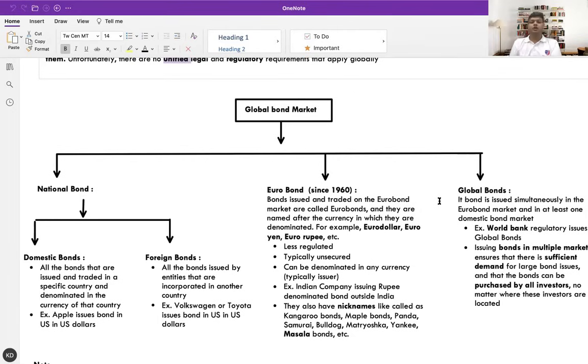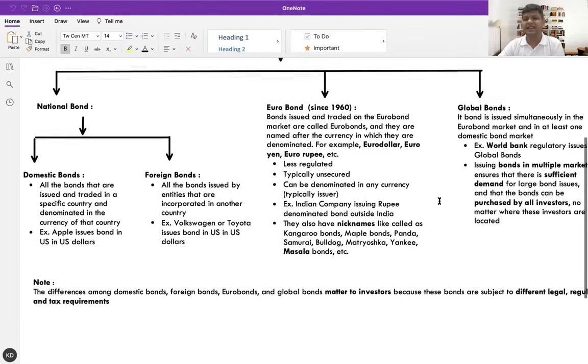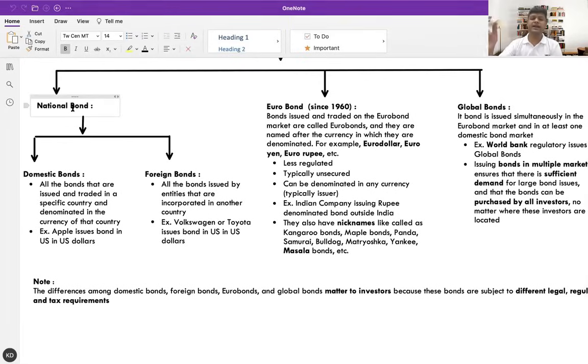So what is a national bond market? Very easy. A national bond market is a market where the bonds are domestic or foreign. But why are they called national? Because they're issued by companies of a particular country, either in the same country or abroad. For example, Apple belongs to which country? Apple Inc., US.